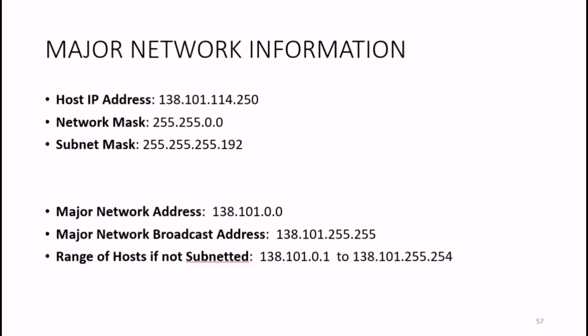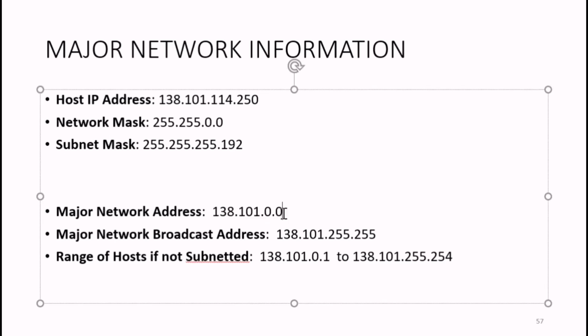From the information given, we know that this is class B. So the major network address is 138.101.0.0. The .0.0 here is because it is class B. This part we get from the IP address given, and these two are the host because this is class B.